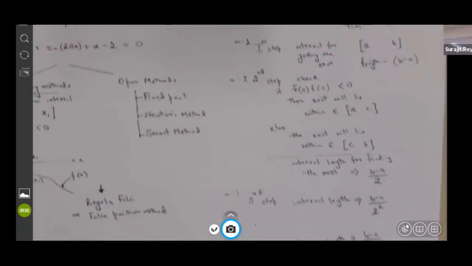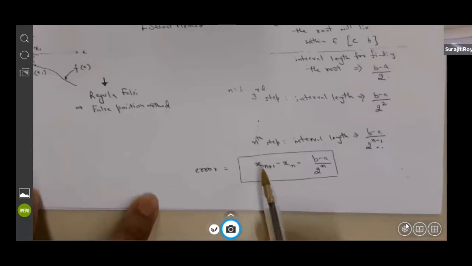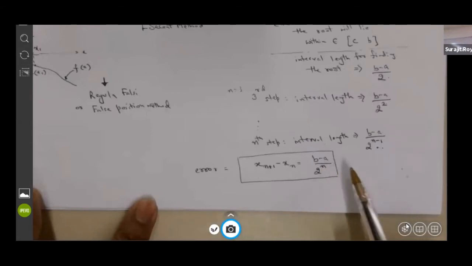Yes. If I go back, I was saying that after the nth or (n+1)th step, the error, or how close you are getting to the root, is defined by this specific expression, which tells how close the interval length is. The interval length is getting smaller and smaller. There is a limit where successive interval lengths are not that different.